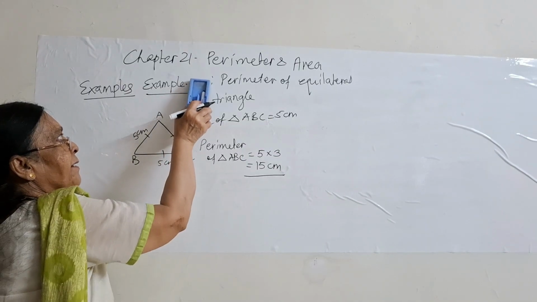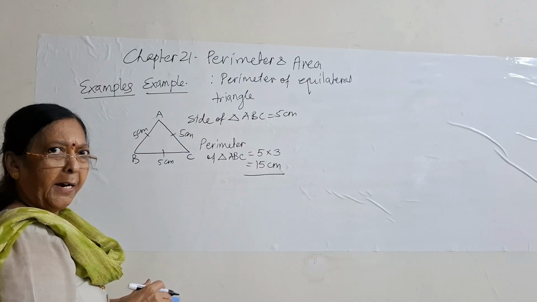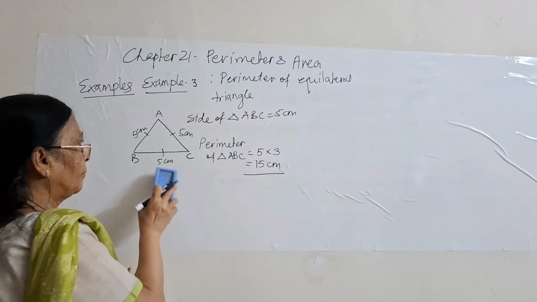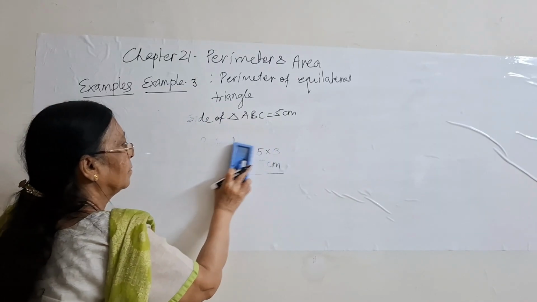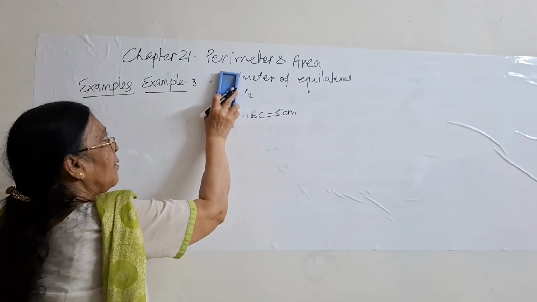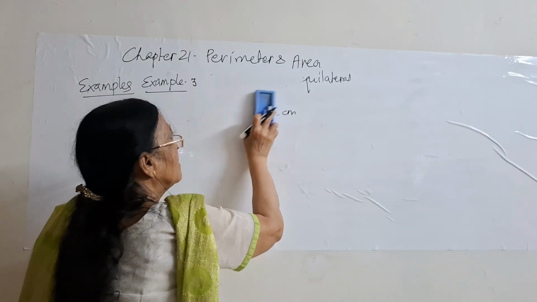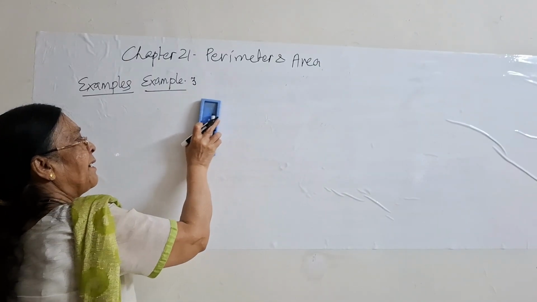Now the third example. Have you understood, children? The second example, now the third example. Now we are given the length and the breadth of a rectangle.